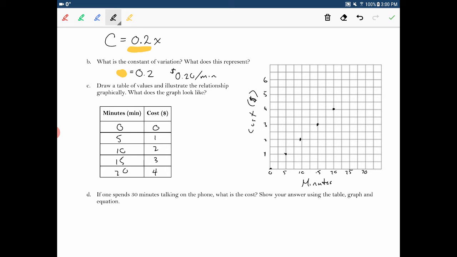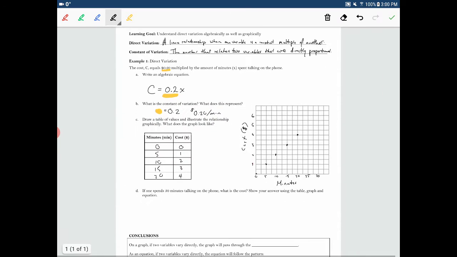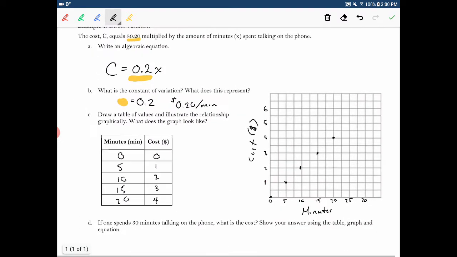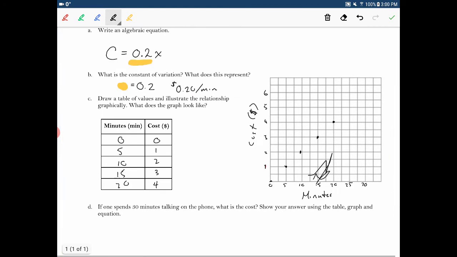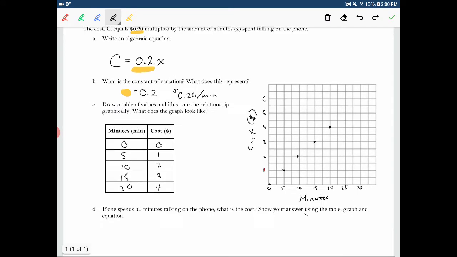Okay, so then we're going to add ourselves a little line of best fit here. It is almost impossible to use a ruler on this thing, so I'm just going to freehand it.